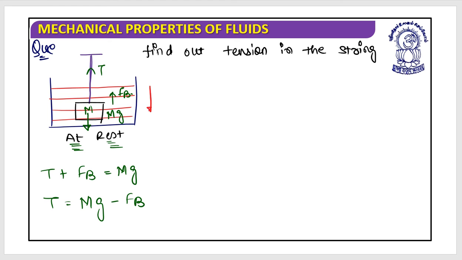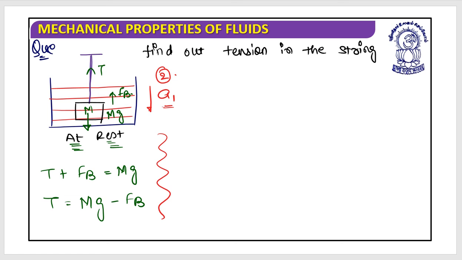Now suppose the same container is moving in the downward direction with an acceleration a1, and this was the second question: find out the tension in the string. How will I do this? As you observe, this is moving downward with acceleration a1, so it is pretty clear that mg would be greater.